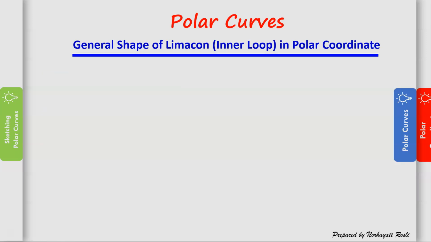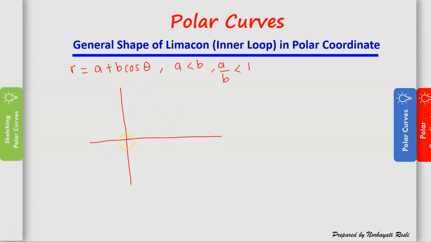So, in general, how can we plot Limacon inner loop? Let's say we have r equal to a plus b cos theta. Understand that a is less than b, that is a over b is less than 1. In this case, when we have cos theta which is positive, we will have Limacon on the positive x-axis, but it should have an inner loop.